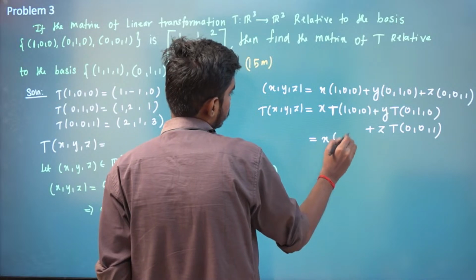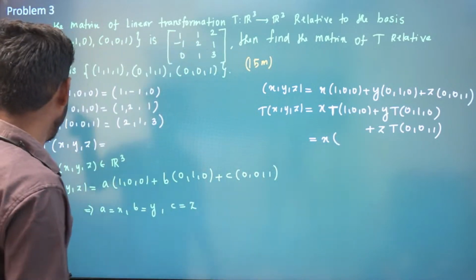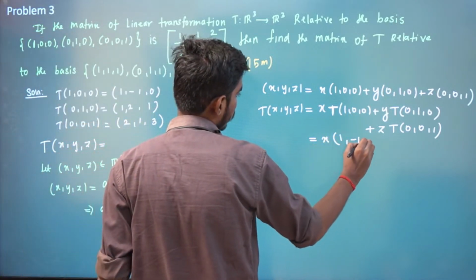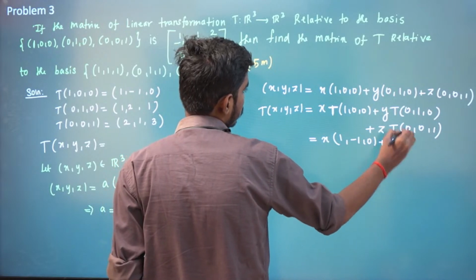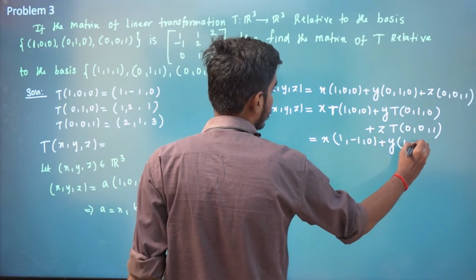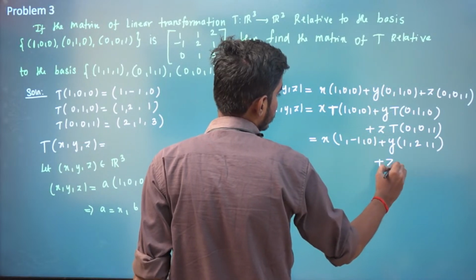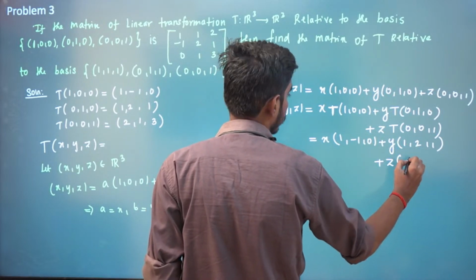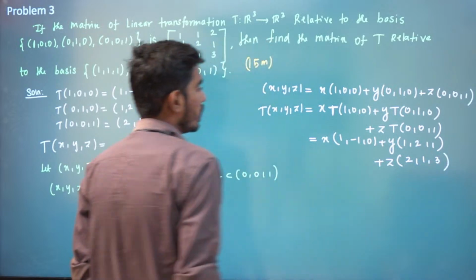So x times, what is T of (1, 0, 0)? We know, right? It is (1, -1, 0). Plus y times, what is T of (0, 1, 0)? It is (1, 2, 1). Plus z times, what is T of (0, 0, 1)? It is (2, 1, 3).